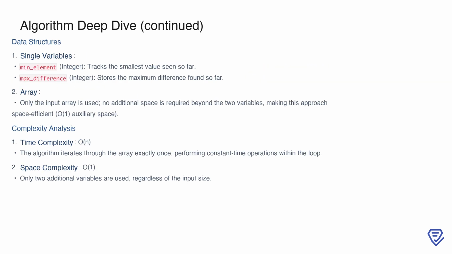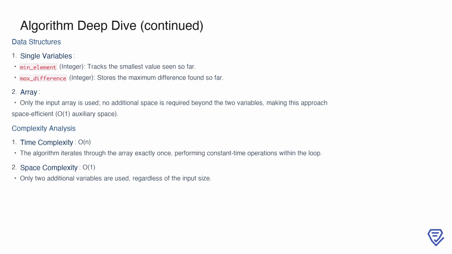To implement this algorithm, we only need a few simple data structures. The min_element variable tracks the smallest value seen so far, and the max_difference variable stores the maximum difference found during the iteration. Beyond these two variables, the algorithm directly uses the input array without requiring any additional space.